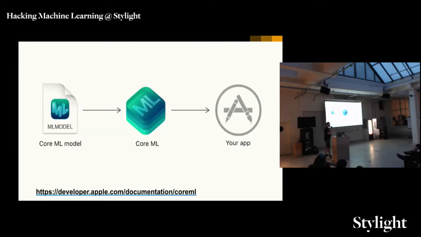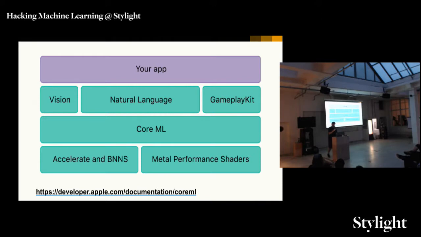And how is CoreML working? So you have the model file, ML model. You just drag and drop this in Xcode, have your CoreML, and then you have your app for this. And the cool thing is, Apple knows what devices they are selling, so there are not so many.